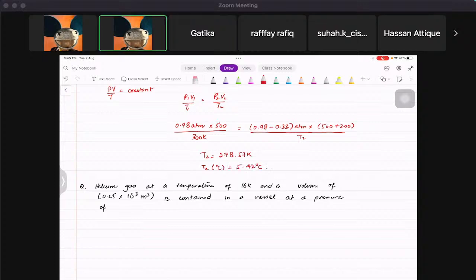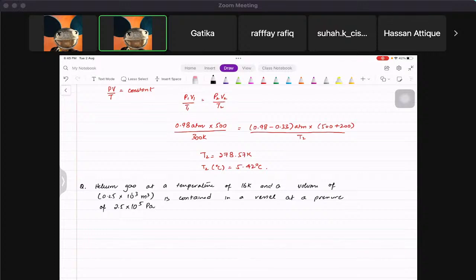All right. Now, so helium gas at a temperature of 16 Kelvin and the volume of this is contained in a vessel at a pressure of 2.5 times 10 raised to 5 pascals. Okay.